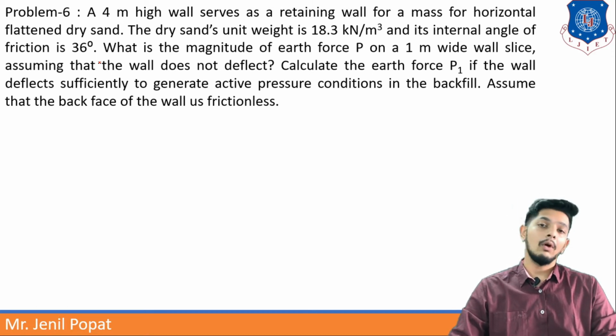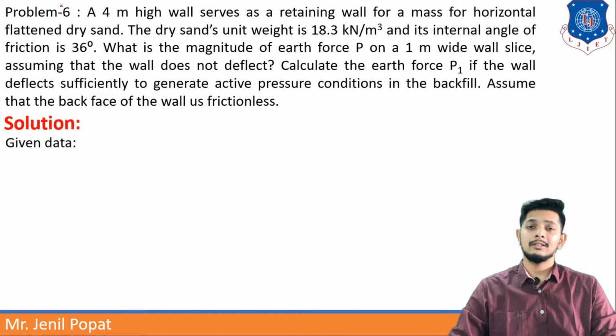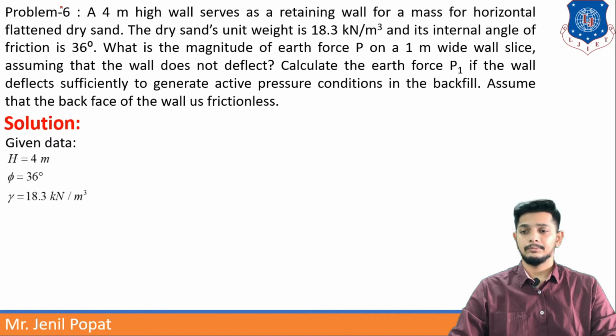So if the wall does not deflect, it is the case of earth pressure at rest. Now calculate the earth force P1 if the wall deflects sufficiently to generate active pressure conditions in the backfill. So now it is the case of active earth pressure. Assume that the back face of the wall is frictionless. So it is smooth as assumed in the theory.